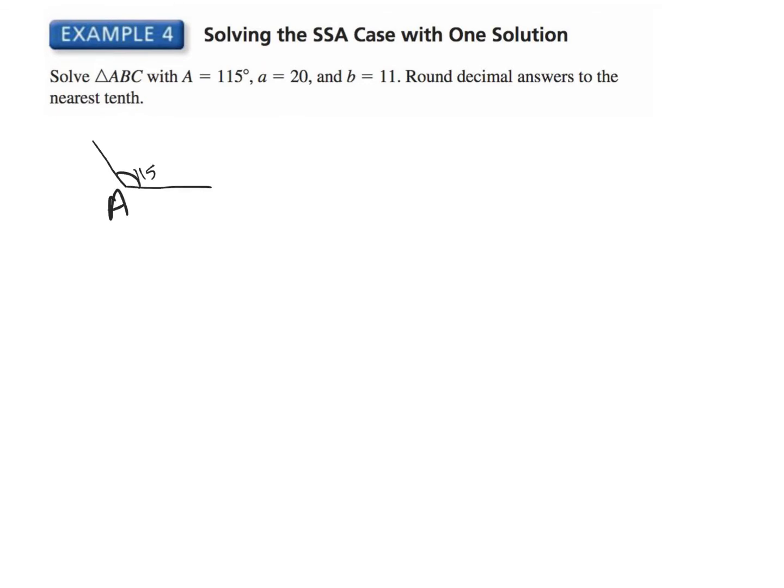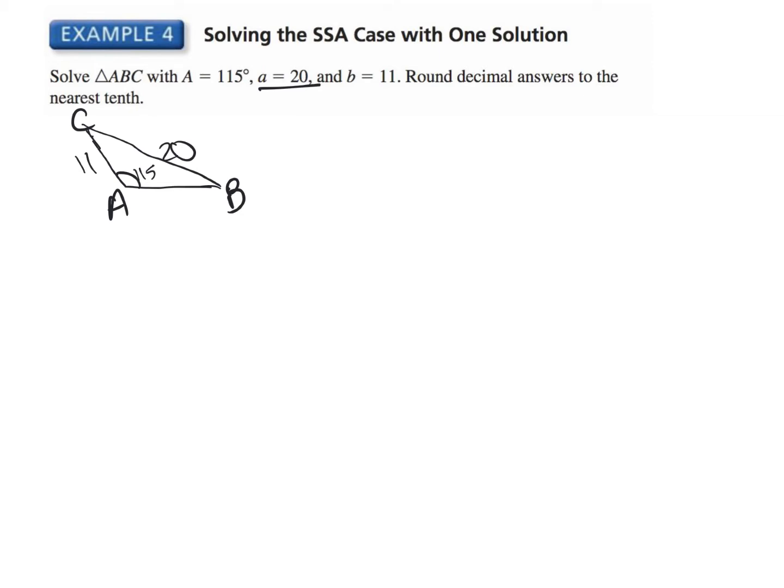That's A. And our opposite of A, let me draw this out more, is 20. That's what they say. Our side length of A is 20. And then we'll call B over here and C over here, and we'll say that this is 11.